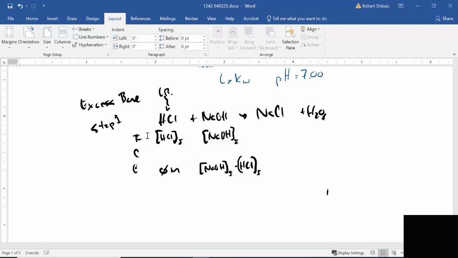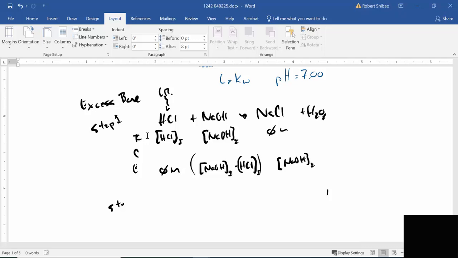Now, if the two concentrations are equal, then I'm at the equivalence point back there, and this was 0. And then how much sodium chloride am I going to generate from this? I'm going to generate the limiting reagent's worth. And so the sodium chloride will be equivalent to the HCl initial concentration. So these are all initial concentrations here. Okay, so that's step 1.